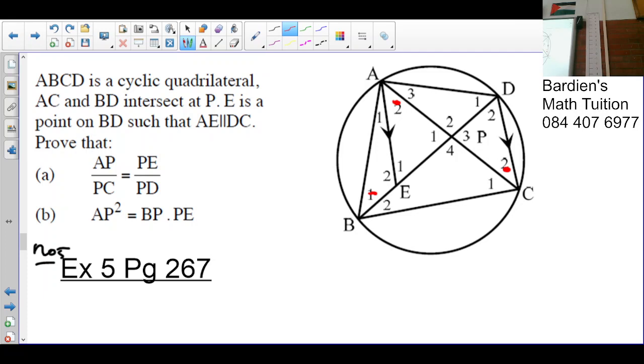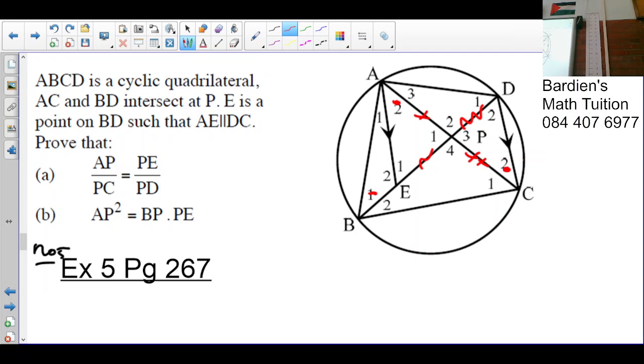Then we are required to prove that AP over PC equals PE over PD. So if you go here, AP, the length AP, which is this one here, PC, that one there, PE, that one there, and PD, this one there.